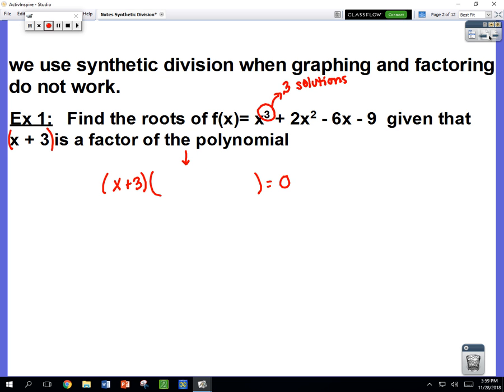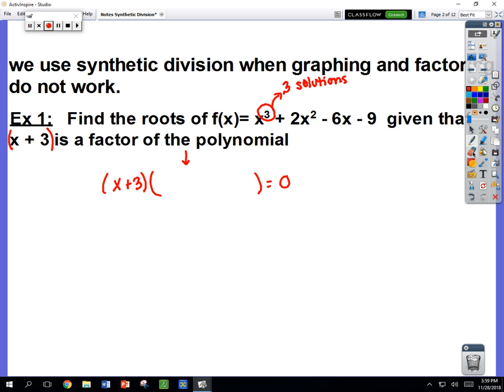So another method to doing that is called synthetic division. In order to do synthetic division, you have to first know one of the solutions. And because they gave me that x plus 3 is a factor, then I know that I could set that equal to 0.